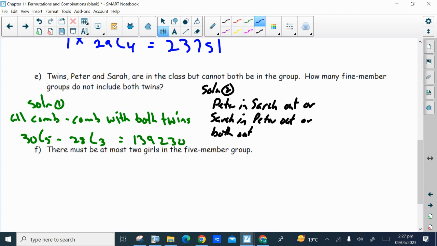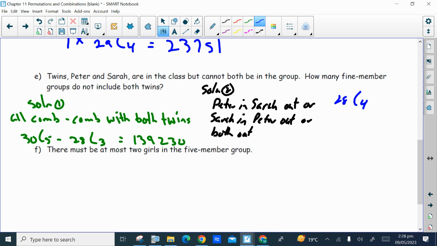So, Peter in, Sarah out. If Peter's in, that's the first position. There are 29 students left to choose the remaining 4. However, Sarah can't be one of those. So now there's only 28 students left to choose the remaining 4. So that would be 28C4. Sarah in, Peter out will be the same thing, 28C4.